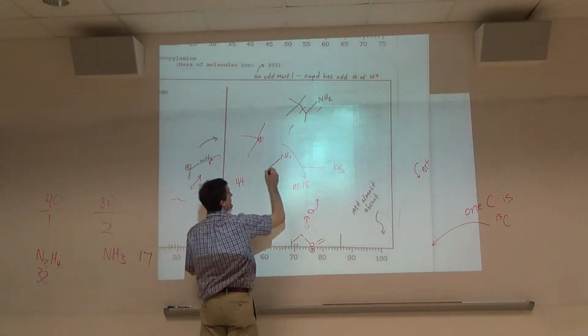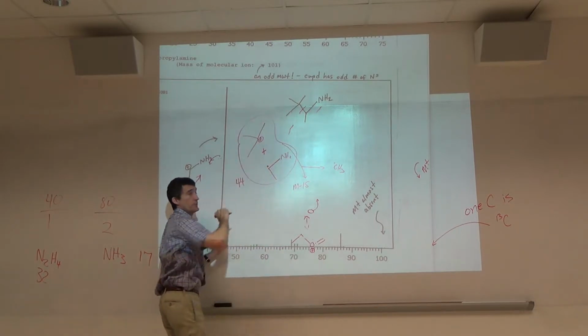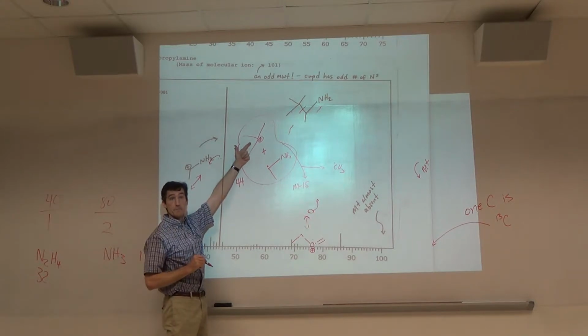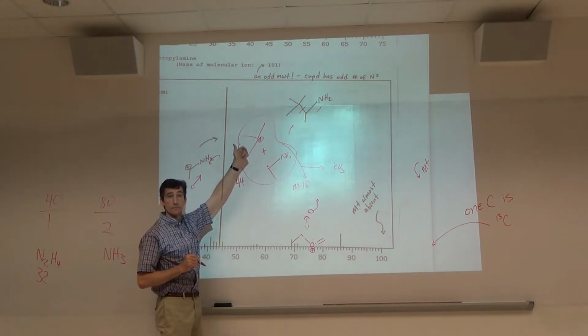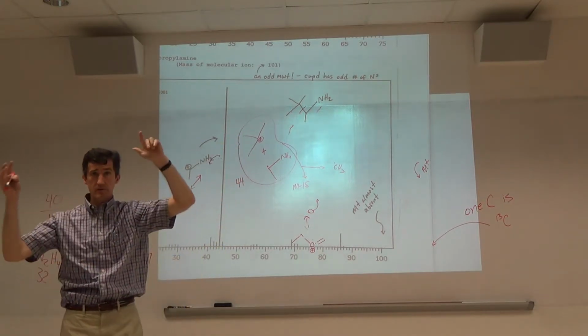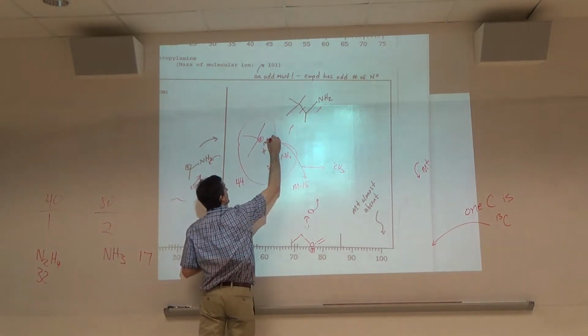And if we did that, we would get a radical here. So you're proposing that. Well, that's a good cation. What's the mass of that? Should be 45, isn't it? 4 carbons is 36, and then there's 9. 45? So this is m/z 45.